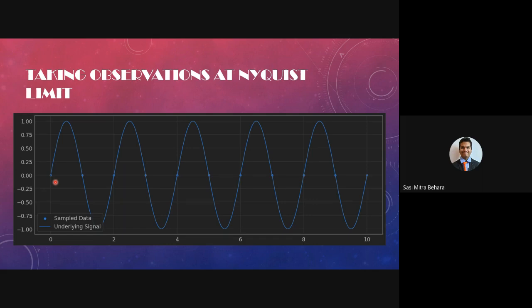You can see that all the sample data is just ending up at zero. It's coming out at the same value. If I had collected this data in the lab, you would think that there's no signal here, it's just zero everywhere. But as you can see, there's an underlying signal. That's definitely not the case.